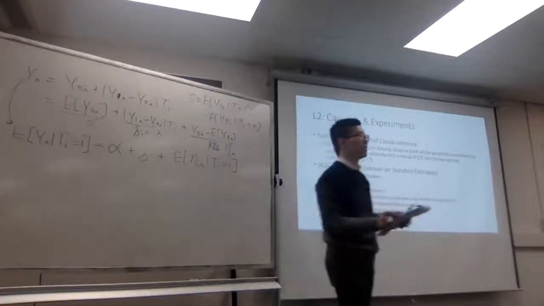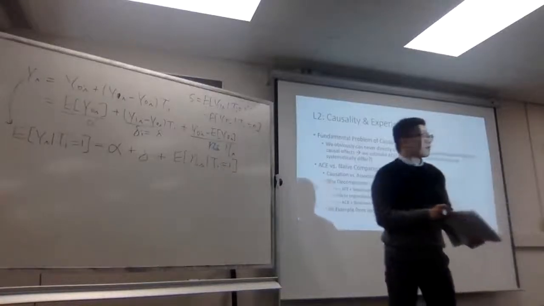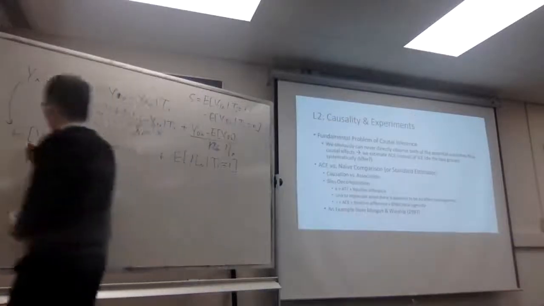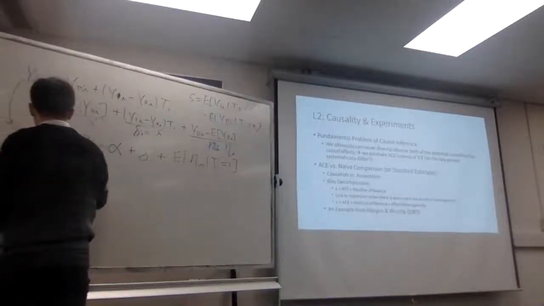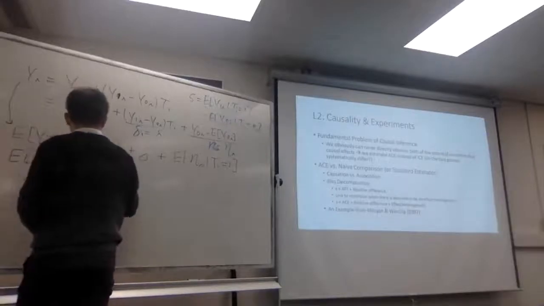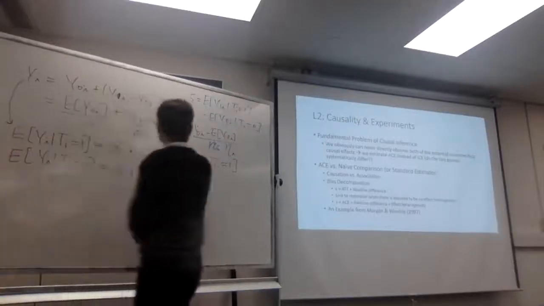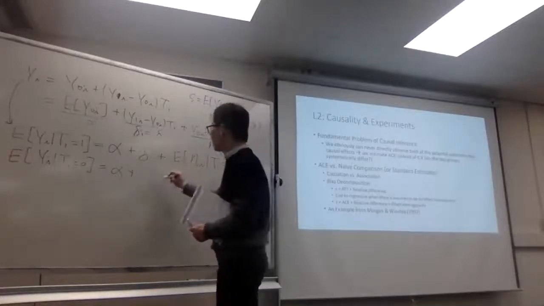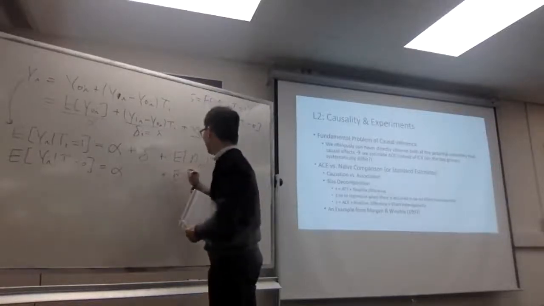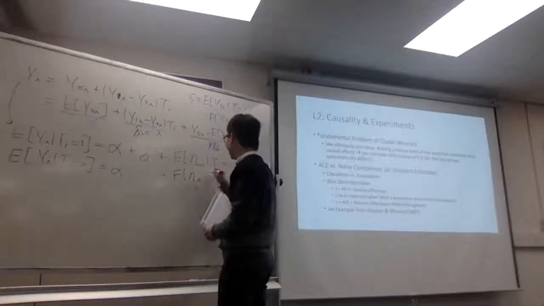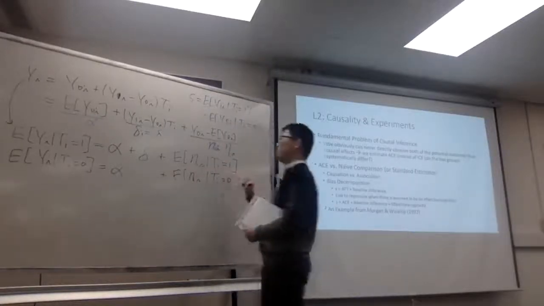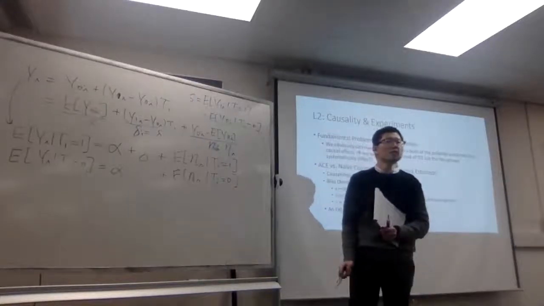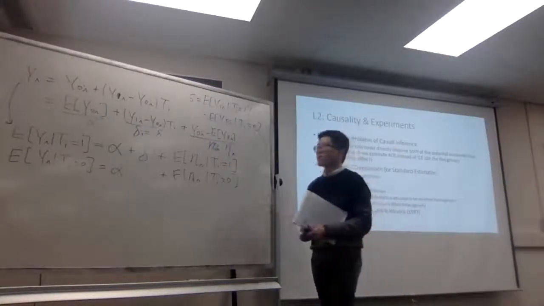So now we're trying to link S into a regression line. If you do the same thing with the control group, Ti is 0, so it becomes 0, and we have the expectation of eta i given Ti is 0. So what does that tell us?